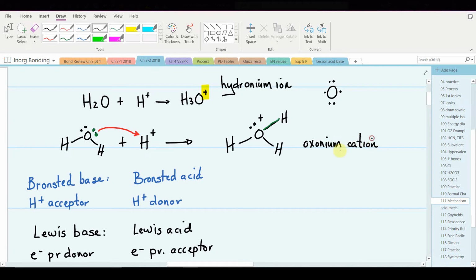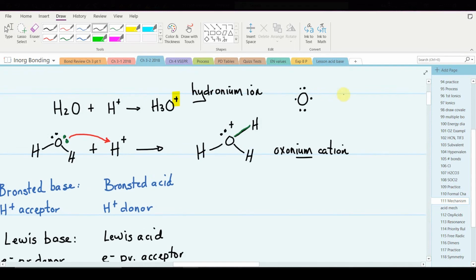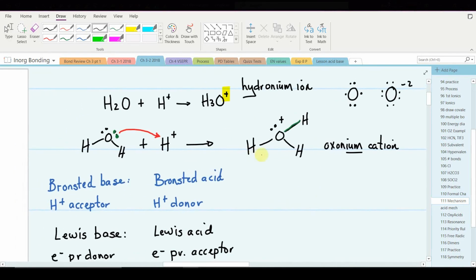The -ium ending reminds us of a cation, like ammonium ion. Can oxygen actually be a cation? I thought it was just an anion, like oxide. Well, sure, it can be oxide, an anion, but when it's a cation, it's oxonium cation. So within the hydronium molecule, it's actually the oxygen that has the positive charge.